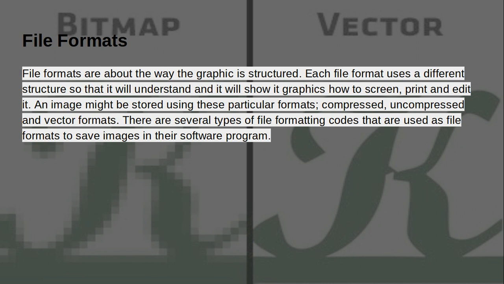Each file format uses a different structure so that it will understand and show its graphics on the screen, and how to print or edit it. So an image might be stored using these particular formats: compressed, uncompressed, and vector formats. There are several types of formatting codes which are used as file formats to save images in their software program.